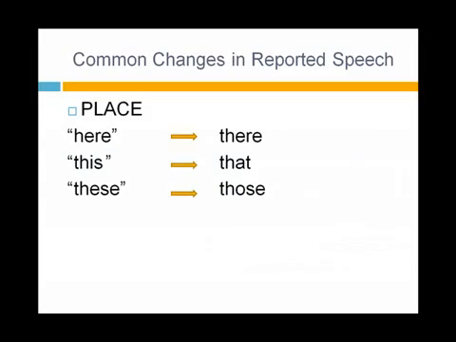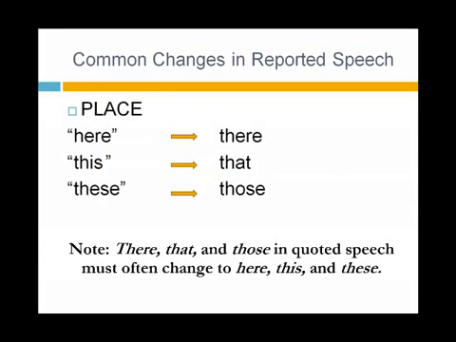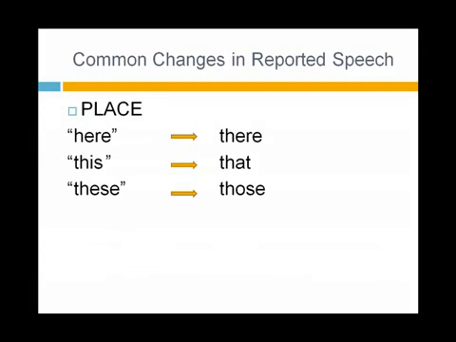Now here are some common changes with place words. Here changes to there. This changes to that. These changes to those. And the reverse is also true. In quoted speech, there, that, and those will often change to here, this, and these.